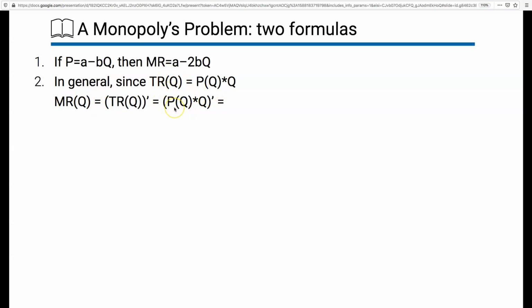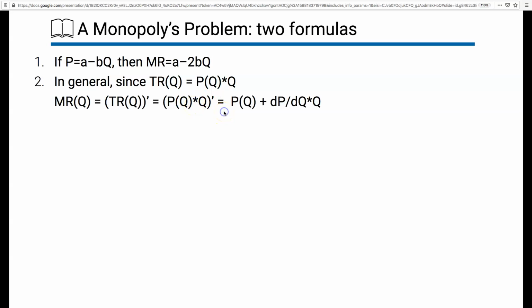The total revenue is the product of two functions of quantity: quantity itself and the inverse demand. So the derivative of the product is going to be the derivative of output times the price plus the derivative of price times the output. I think it's called the product rule for the derivative.